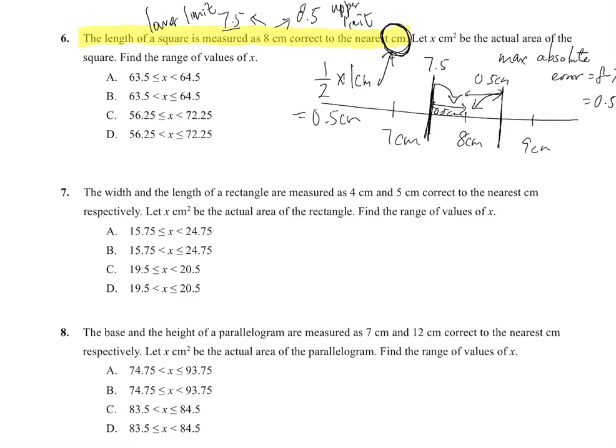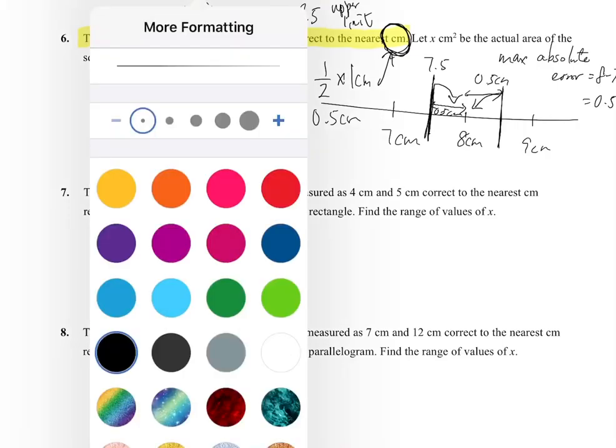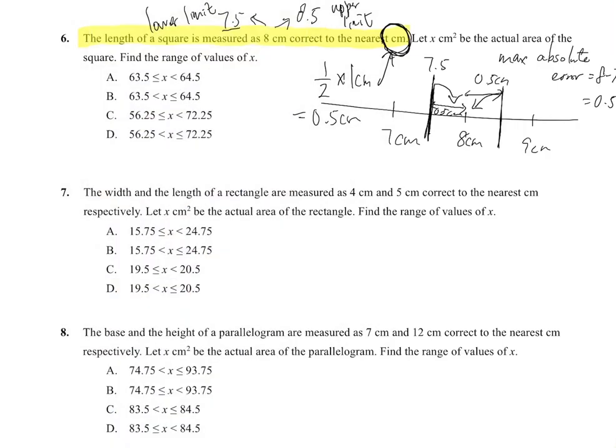You will notice that 8.5 should belong to 9 when you round it off, right? So we have to understand that the value of 8 cm actually has a range between 7.5 and 8.5. It can be equal to or larger than 7.5, but it needs to be less than 8.5, because 8.5, as I said, should belong to 9.